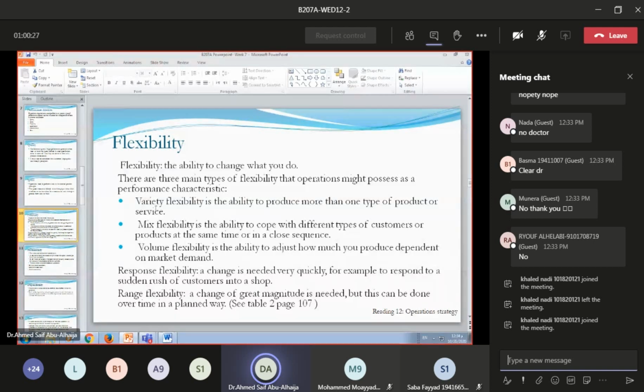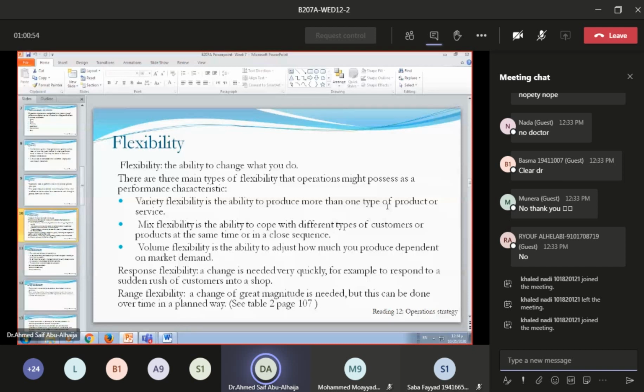One by one. Variety flexibility is about the company's ability to produce more than one type of product. Example, LG company. Does LG produce only one type of TV? I need you to answer. How many types of TV do they produce? A lot, right? How many types of fridge? A lot, yes.